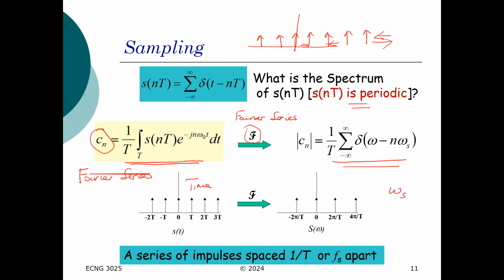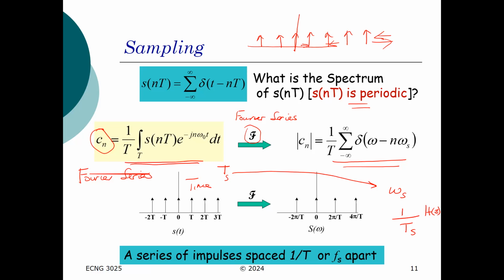So if the impulses in time were spaced T seconds apart, the spectrum of that is a set of impulses in frequency where they are spaced 1 over Ts hertz, or omega s, which will be 2 pi over Ts radians per second. So impulses in time transform to impulses in frequency.